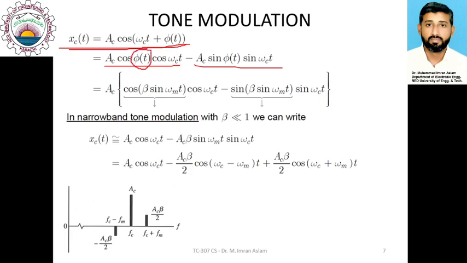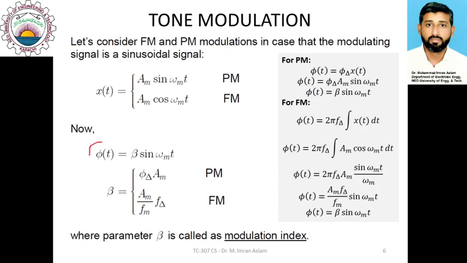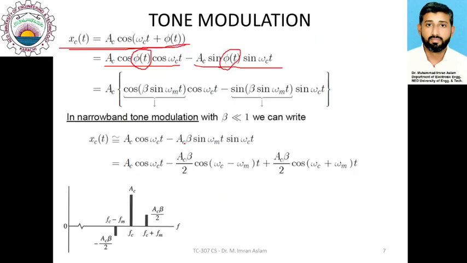But phi t is now defined for the tone modulation as we have given here. The phi t is given as beta sine omega mt. So we can simply substitute the value of phi t here. This phi t can be written as beta sine omega mt, and similarly this phi t can be written as beta sine omega mt.